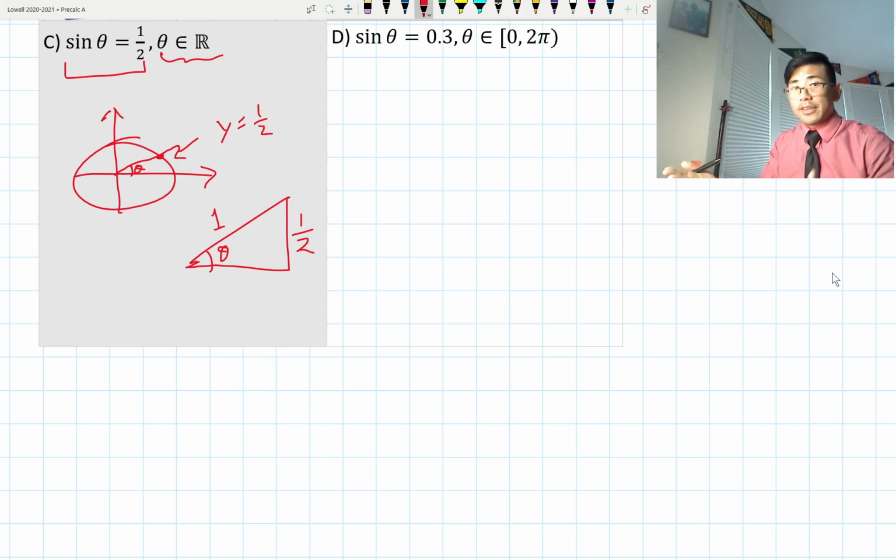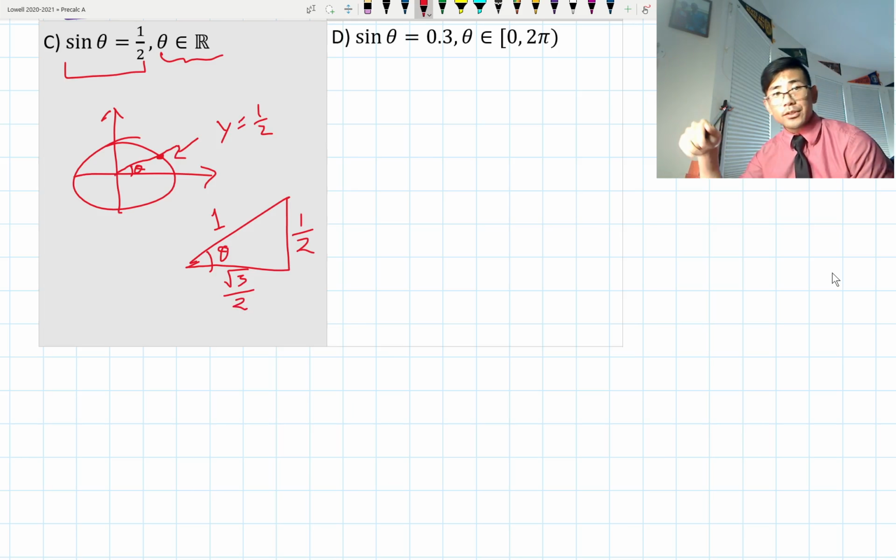If we use the Pythagorean theorem, or remember that this is part of a 30, 60, 90 triangle, with one side being 1/2 and the hypotenuse being 1, then we know the long leg is √3/2. And so we can already figure out what this angle is. Because it's a 30, 60, 90 triangle, it's going to be 30 degrees. Or, because we like to use radians now, that's going to be pi/6.